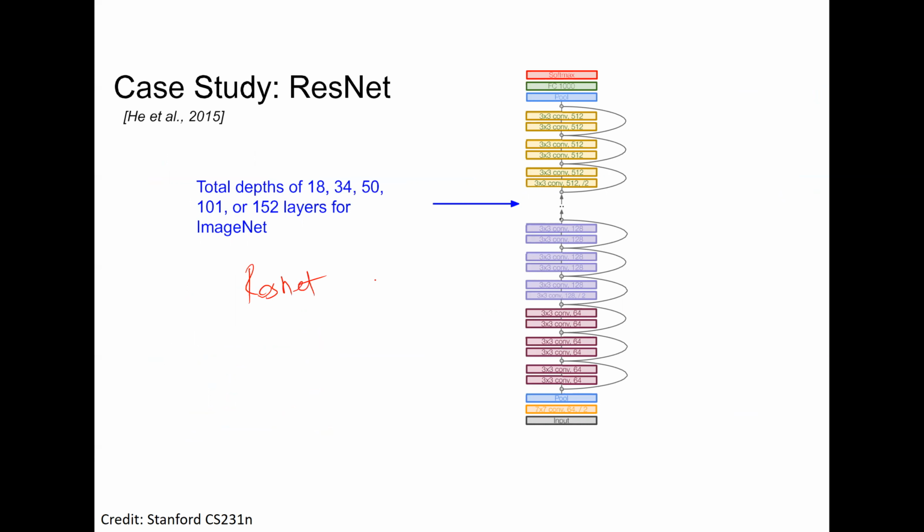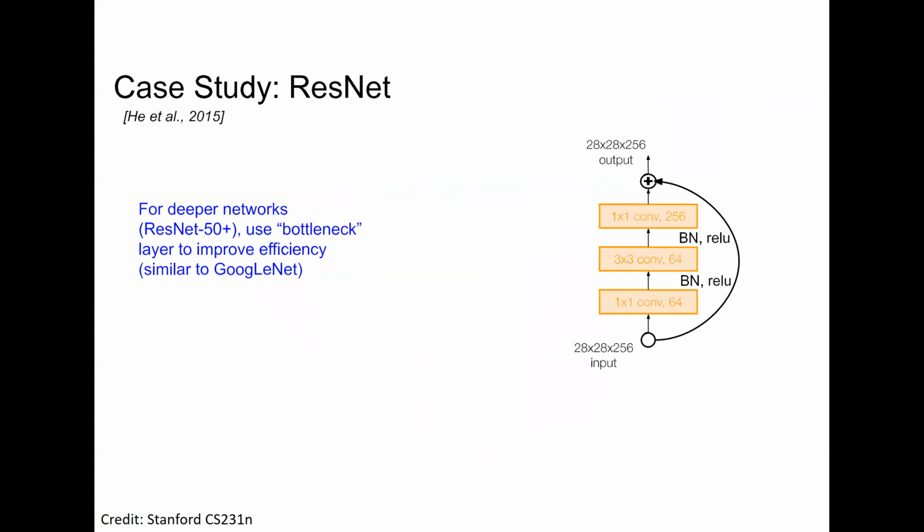There are different sizes like ResNet 18, 34, 50, 101, and 152. Depending on your application, you can choose any of these. If your application requires a lot of data, then you might go with bigger ones. However, if your application does not require much data, then you might go with a smaller one. So depending on your application, you can choose the right sized ResNet.